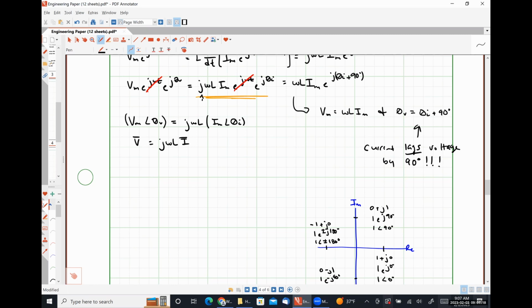So these are our phasor relationships for inductors. And unless anybody has an objection, let's go ahead and move on to capacitors.